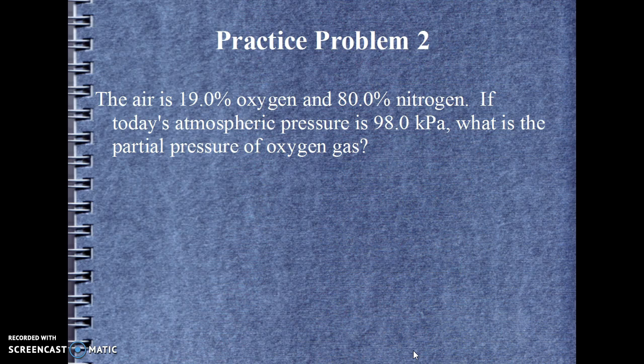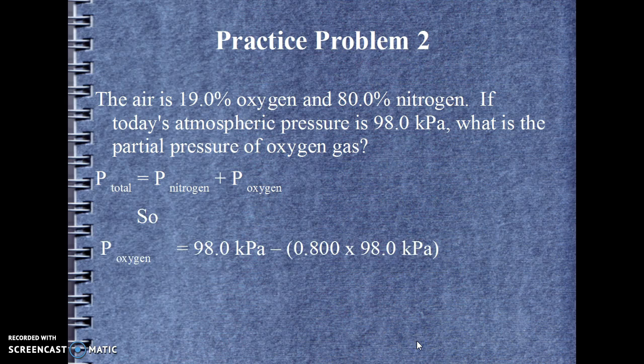Here's a second practice problem. Air is 19% oxygen and 80% nitrogen. If today's atmospheric pressure is 98 kPa, what is the partial pressure of oxygen gas? The total pressure is equal to the pressure of the two. We'll ignore the carbon dioxide, water vapor, and anything else that's in the air.